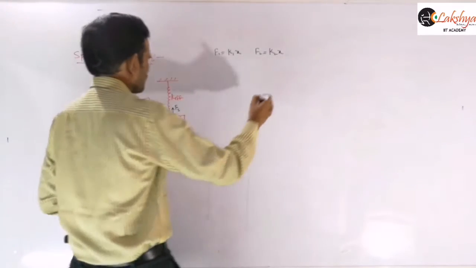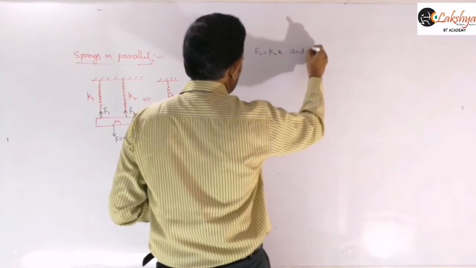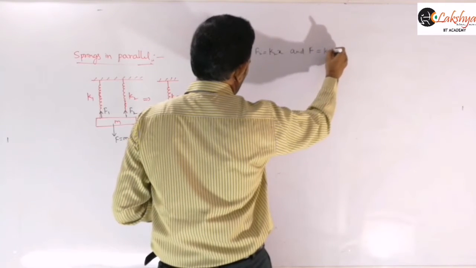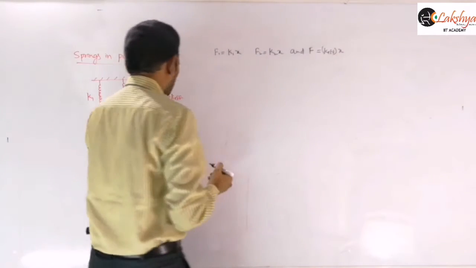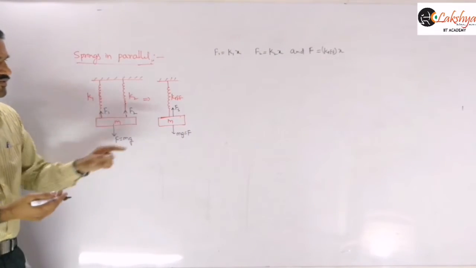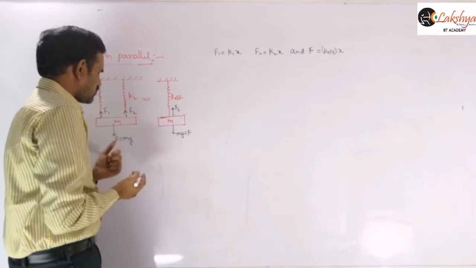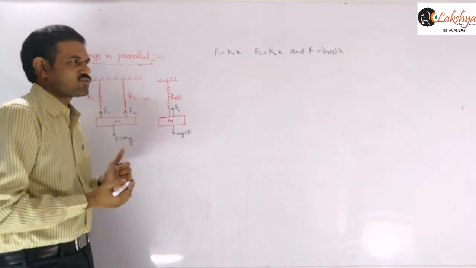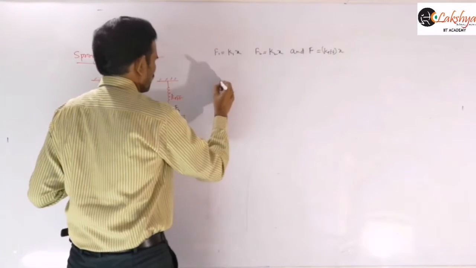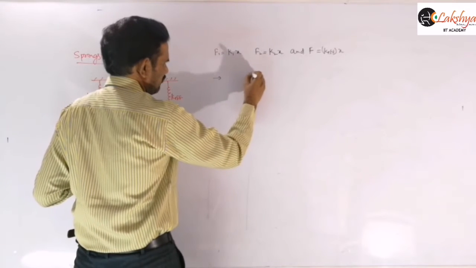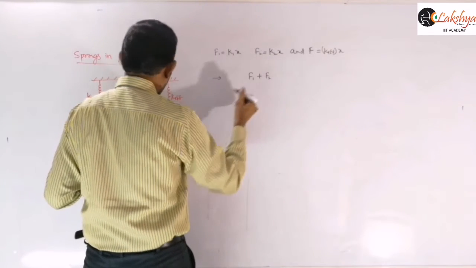And finally for the equivalent spring, we can write F is equal to K effective into X. Now the equilibrium equation for this spring, we can write as F1 plus F2 is equal to F.